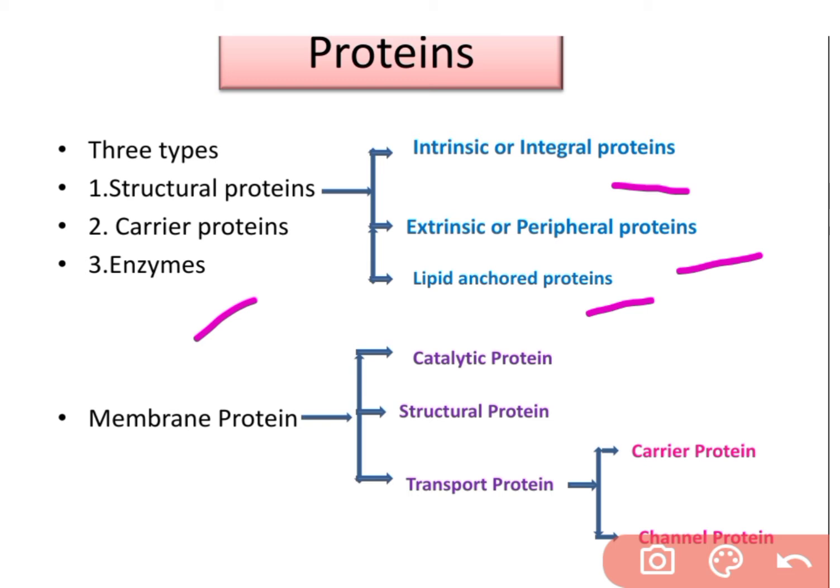Then catalytic protein, structural protein, transport protein. Transport protein is again divided into carrier protein and channel protein. And many other proteins are present in the plasma membrane, and each protein has a specific function.